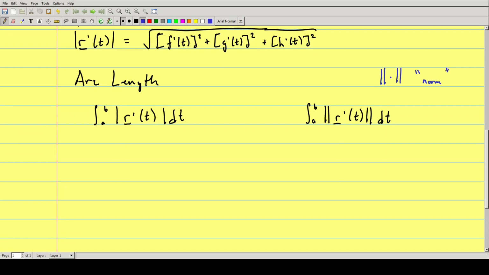So as a visual representation of what sort of thing we're talking about, what I'm imagining is that I have some kind of curve.